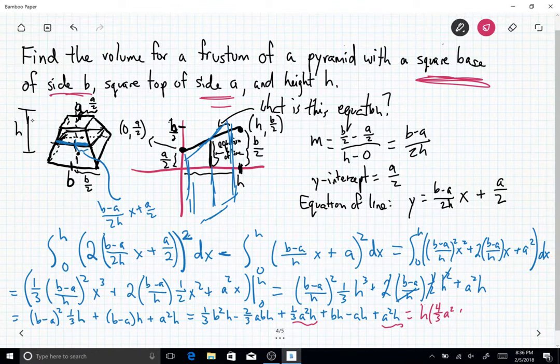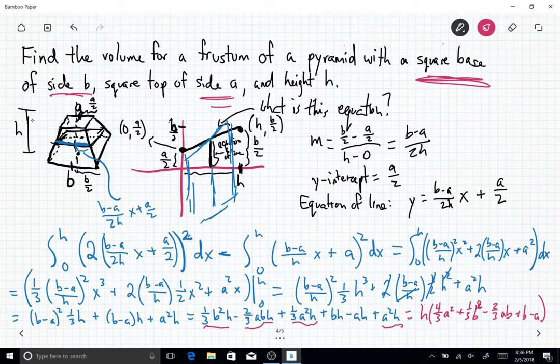So plus 1/3, we've already factored out the h, so 1/3 b squared. Okay, so that part's gone. Minus 2/3 ab. That takes care of that part. And then plus b and minus a. I'm sure that's exactly what you were thinking ahead of time, right?